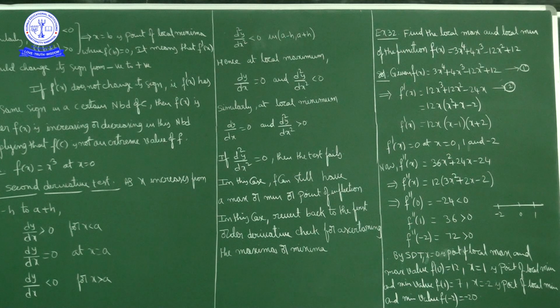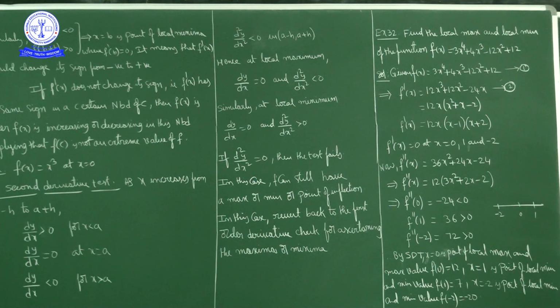Wherever f double dash of x is negative, at those points f of x has a local maximum. Wherever f double dash of x is positive, at that point f of x has a local minimum.